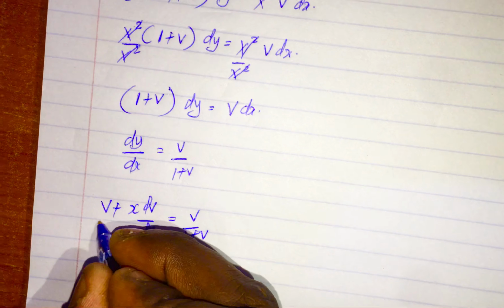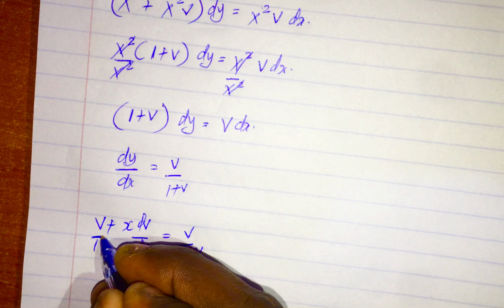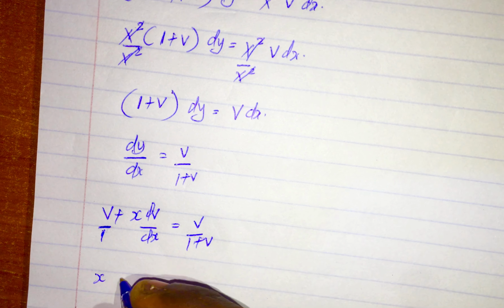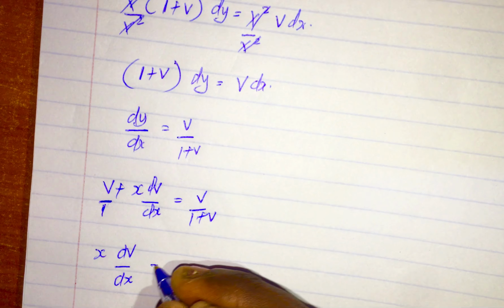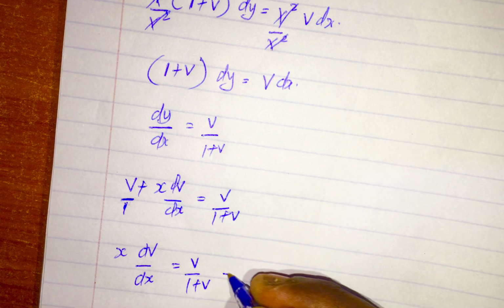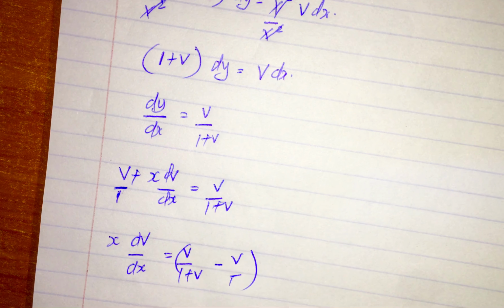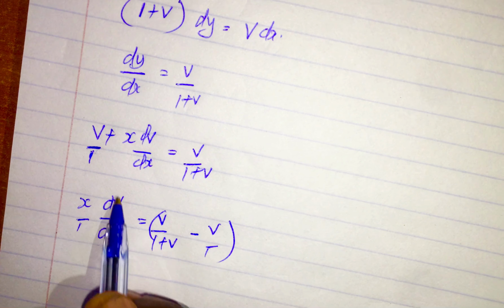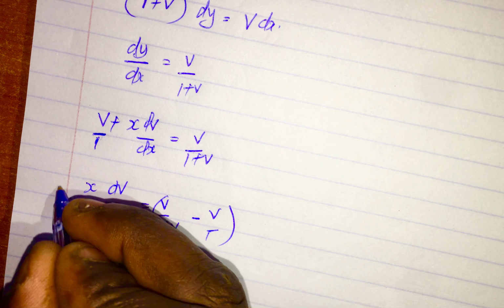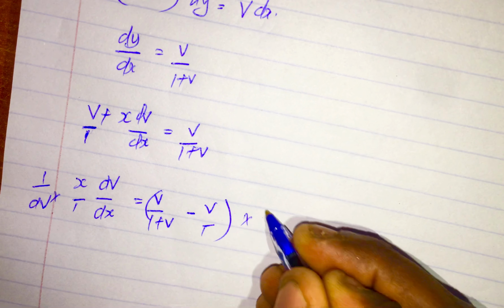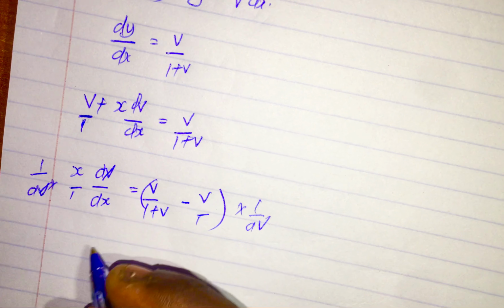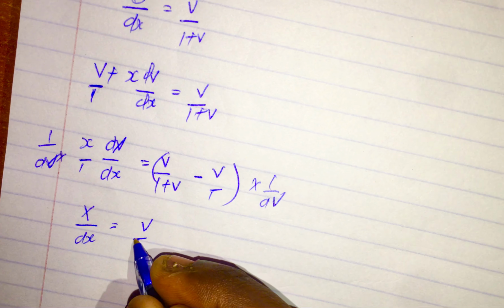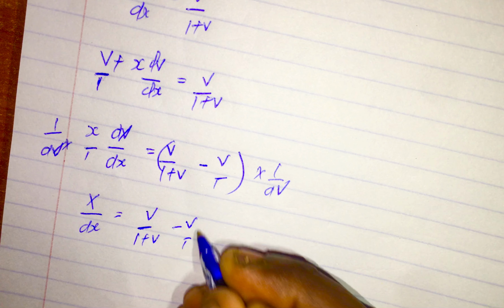After that, you're going to move v across. When v crosses the equal sign, you're going to have a minus. So x dv/dx is equal to v over (1 plus v) minus v over 1.